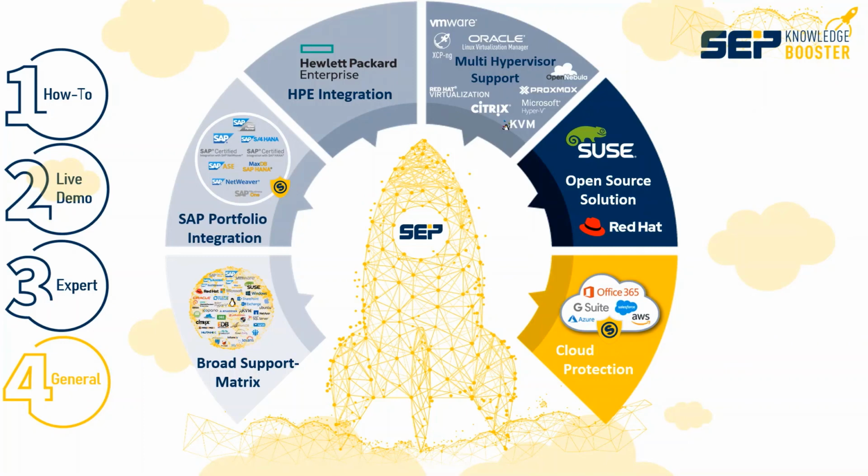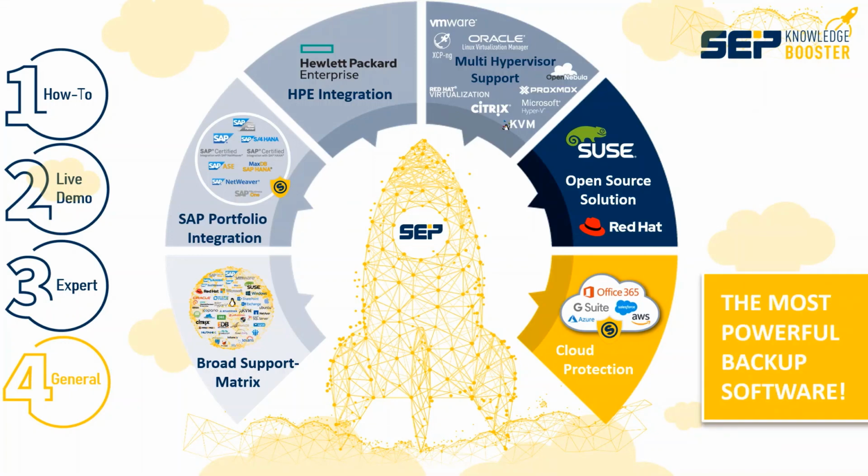With SEP Sesam, it is possible to run completely in AWS, replicate to a public cloud via S3, or simply use Catalyst Cloud Bank Storage and let HPE StoreOnce do the replication work. All these topics are covered in separate videos. Therefore, we can proudly state that SEP Sesam is the most powerful backup software.